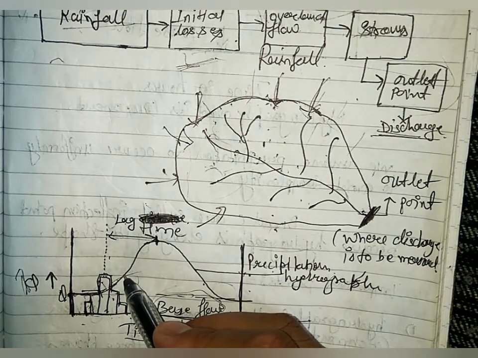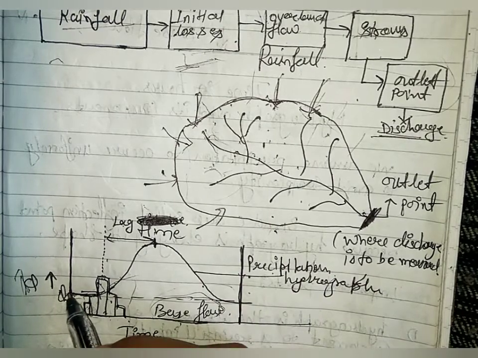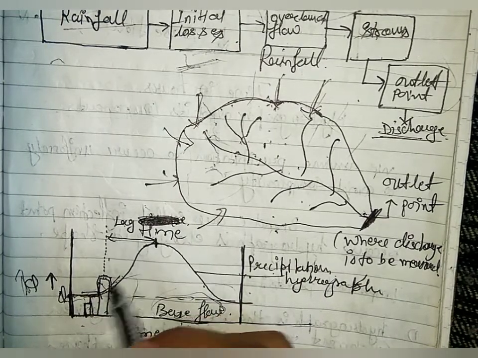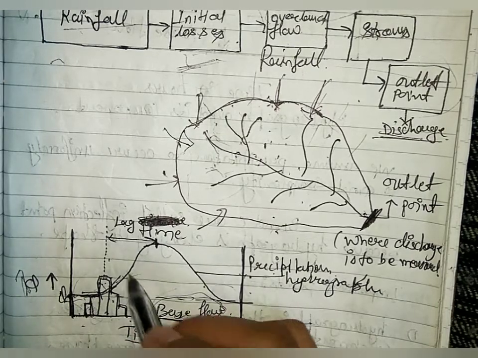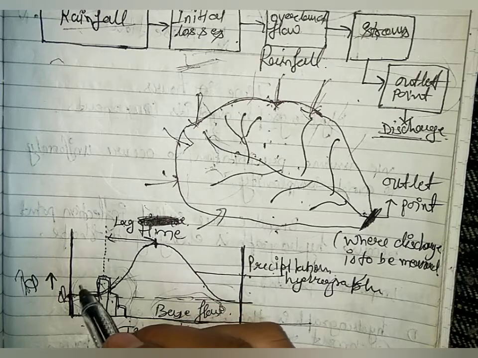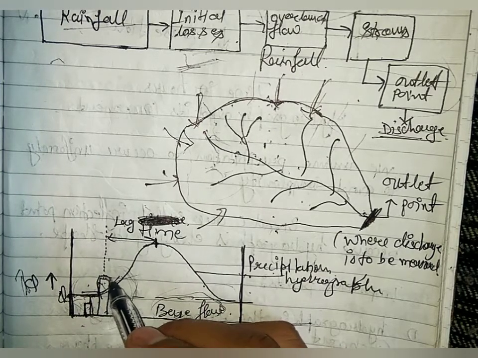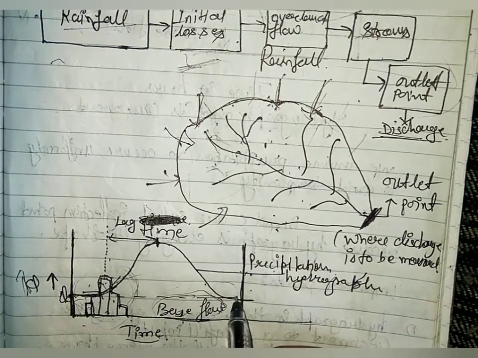You can see here the discharge is increasing with time now, because this rainfall water, which is coming as overland flow on the surface of the catchment, is contributing to your discharge.